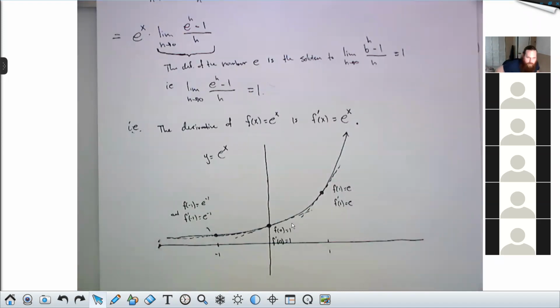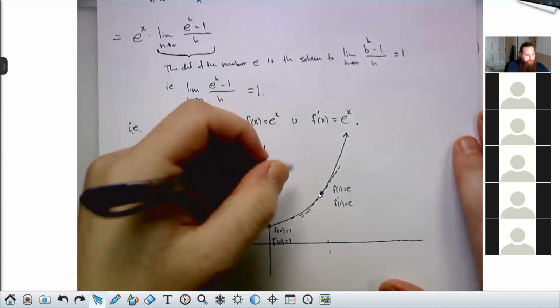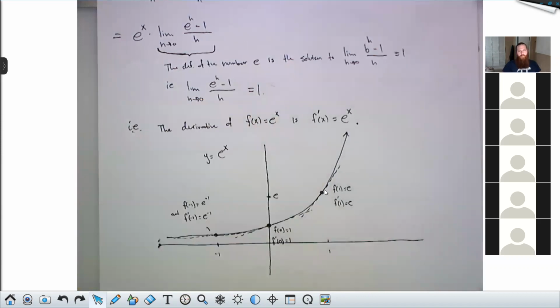It's the unique function such that the slope of the tangent line at any point is the same as the height of that point. So the height of this point is e, because I'm on the graph of e to the x and I've plugged in x equals 1. And the slope of the tangent line there is also e.